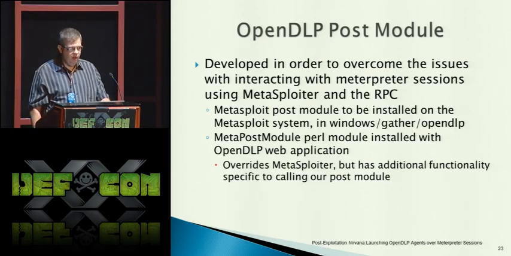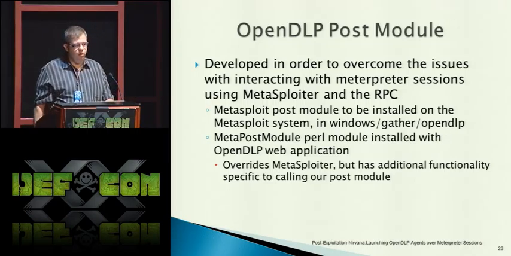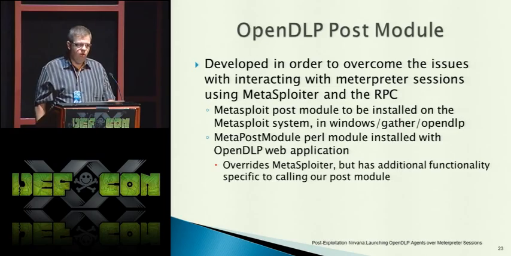It's not a general use class, it's very specific. It overrides the Metasploiter Perl module I made before, but it actually only uses a narrow subset of that. All the interpreter stuff is not used at all. It strictly communicates directly with this new post module.